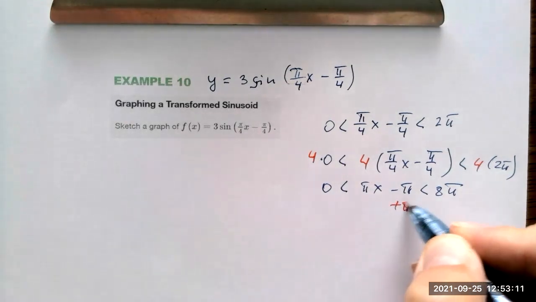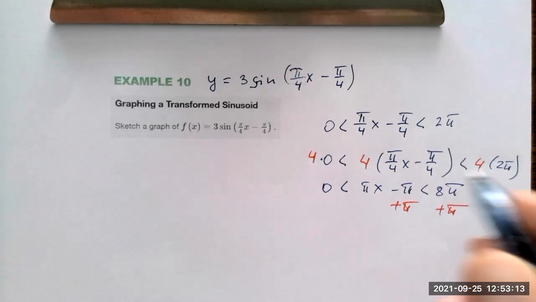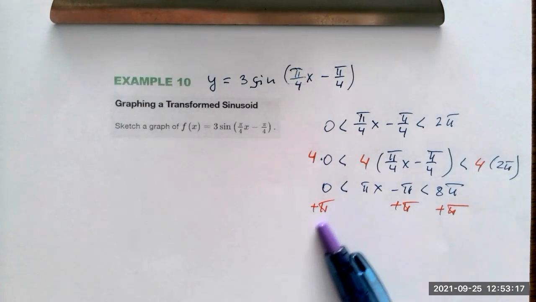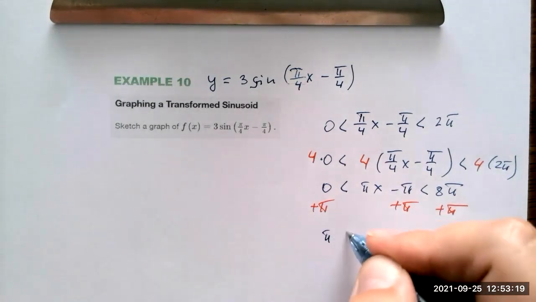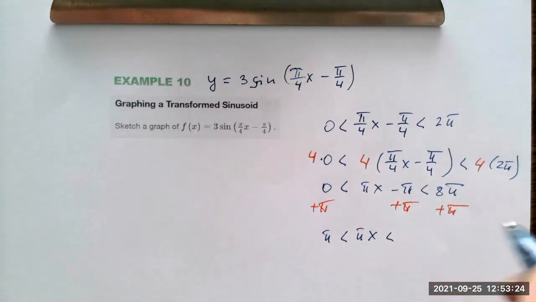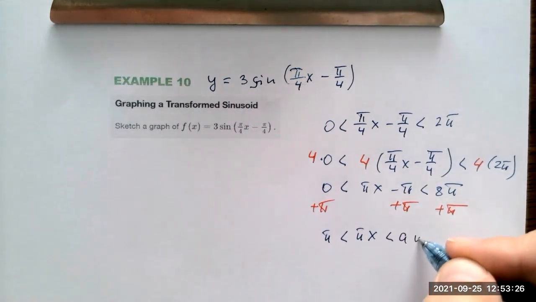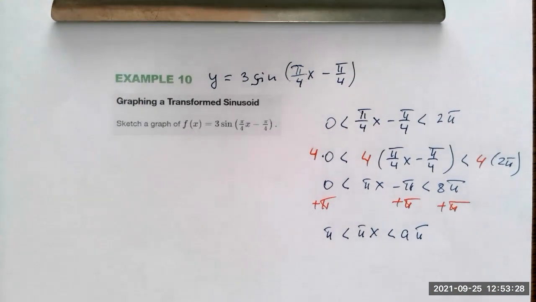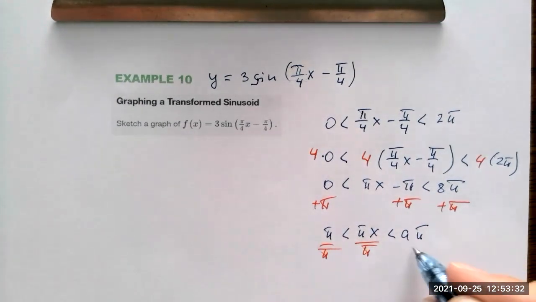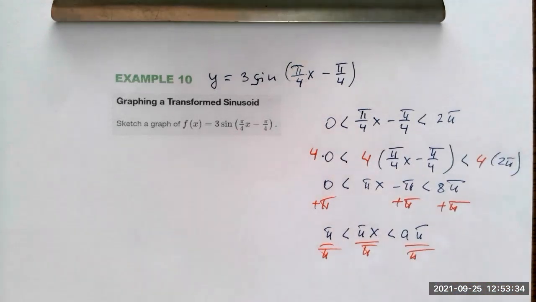So adding pi to both sides, all 3 sides, we're going to get pi and then pi x and 9 pi. And finally, we need to divide everything by pi in order to solve for x, right?